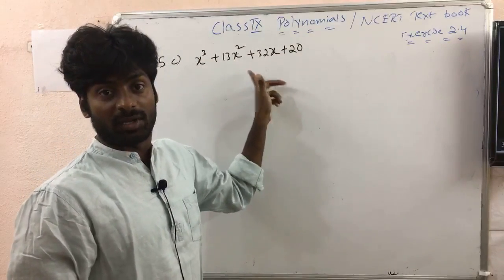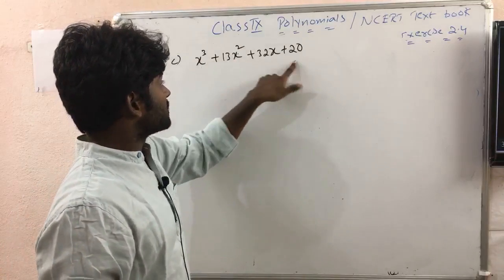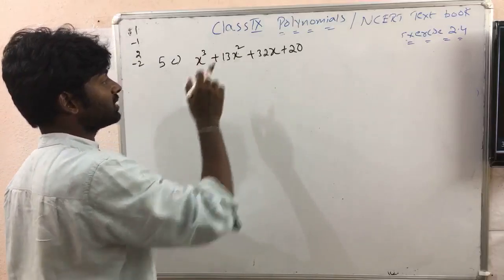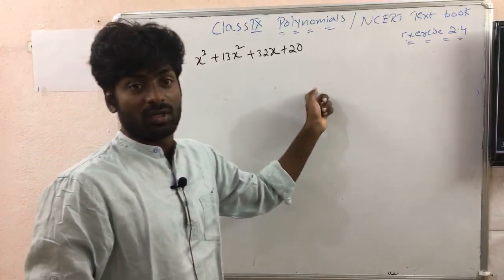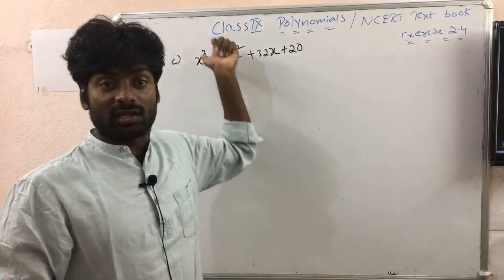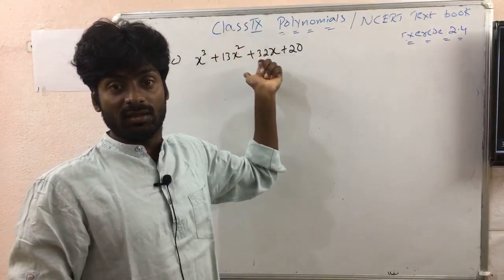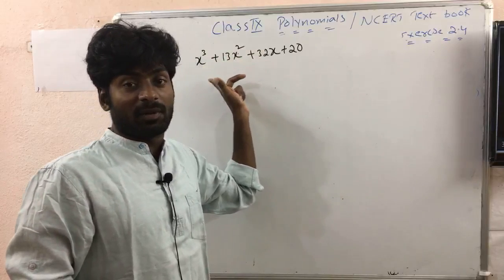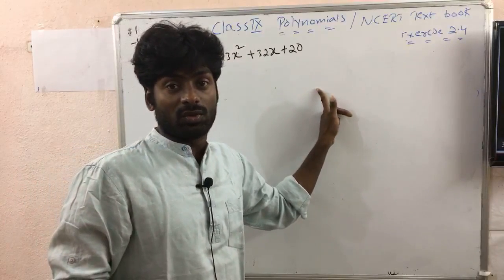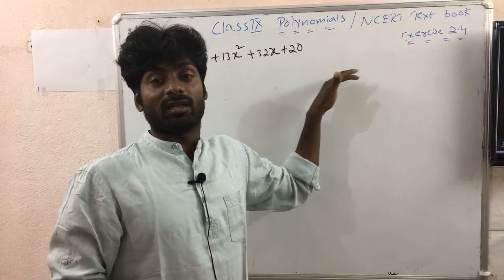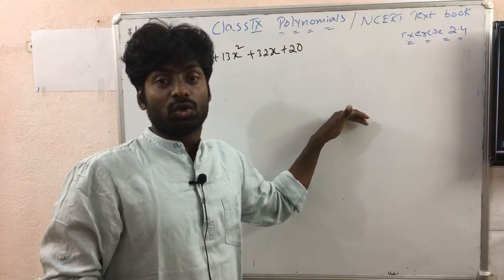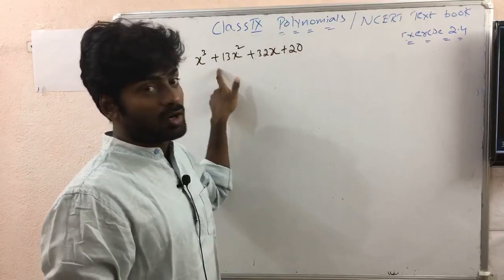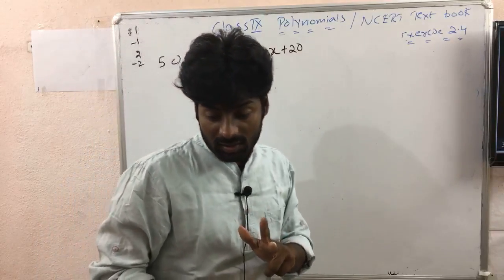If I take plus 1 or plus 2, all these terms are positive, plus 13, plus 32, there is no negative term here, so obviously the result is positive. So I am going directly with minus 1 without taking plus 1. Any doubt here? Because all are positive terms, if I take plus 1, it definitely becomes a positive value, not 0. But I have to get 0 as the answer to verify whether the taken value is a zero of the given polynomial or not. Any doubt here?